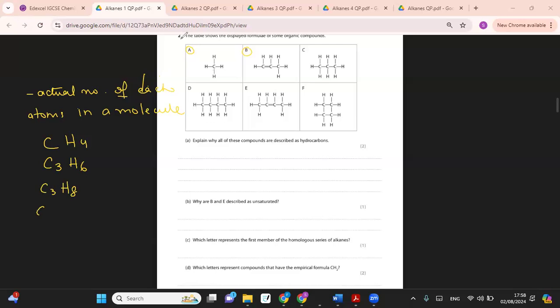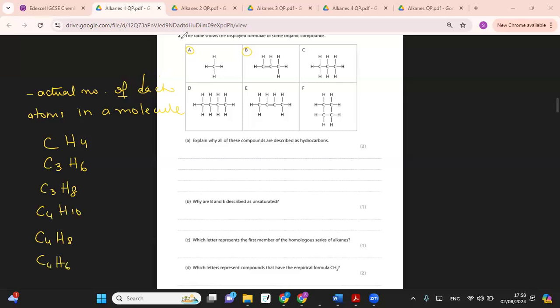In D, we have 4 carbon but 10 hydrogen. In E, we have 4 carbon but 8 hydrogen. In F, we have 4 carbon and 6 hydrogen. This is a molecular formula.